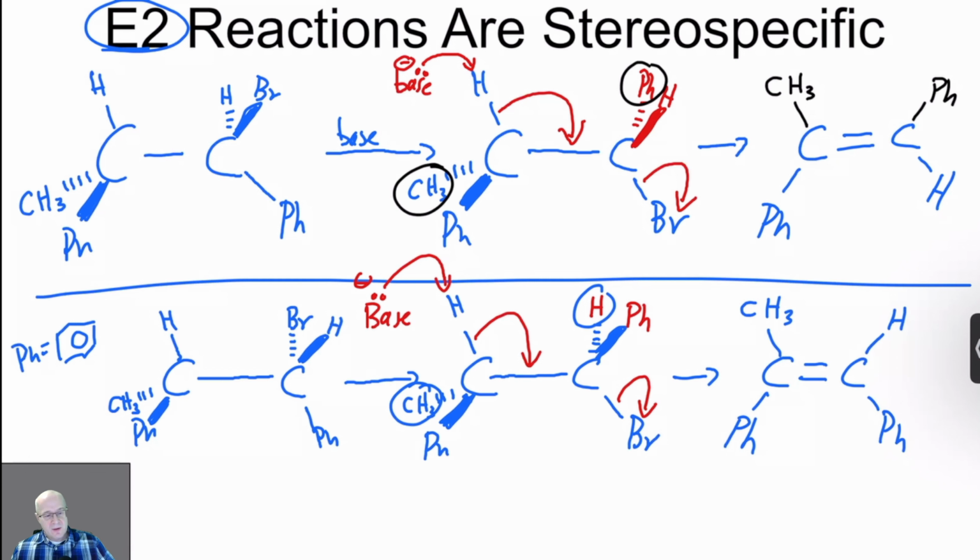And that's what having a different enantiomer will do when you're doing an E2 reaction. You'll get different double bond stereochemistry depending on the absolute configuration or the stereochemistry of the alkyl halide. That's, I think, very interesting.